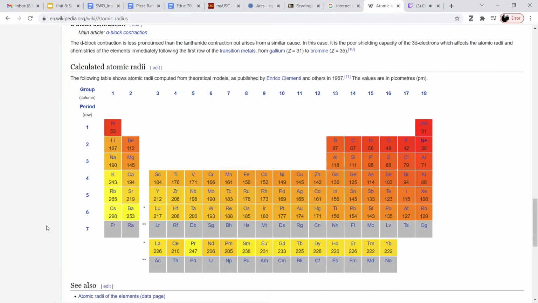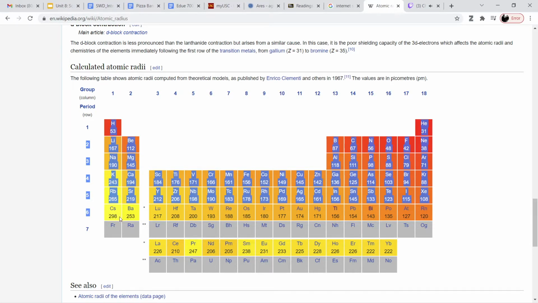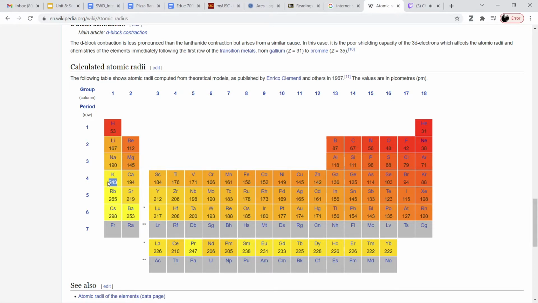These are in picometers. We see that the trend is as we go down in a group, wow, I can't highlight everything. Okay, but as we go down, 243, 265, 298, as we go down, we are increasing our size. And as we go from right to left, I suppose, we are decreasing. Or, no, right to left, we are increasing.